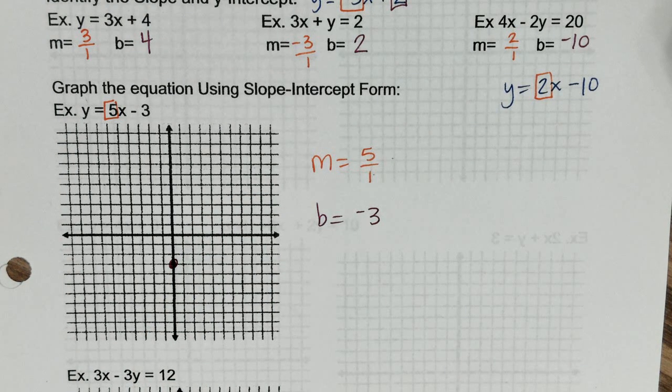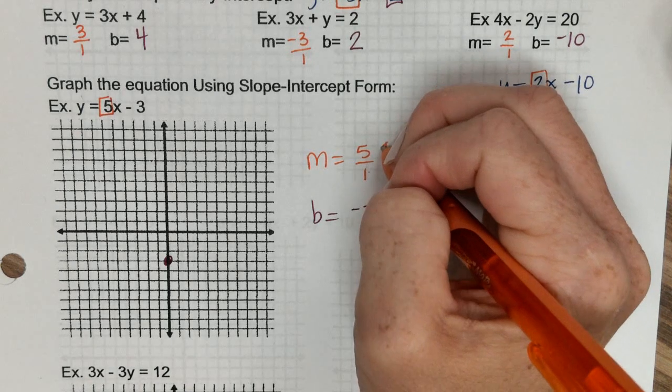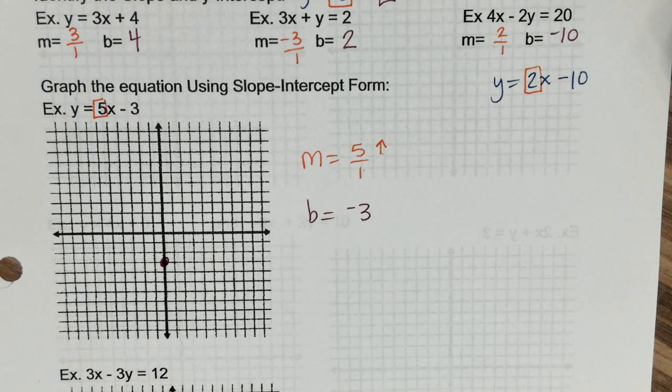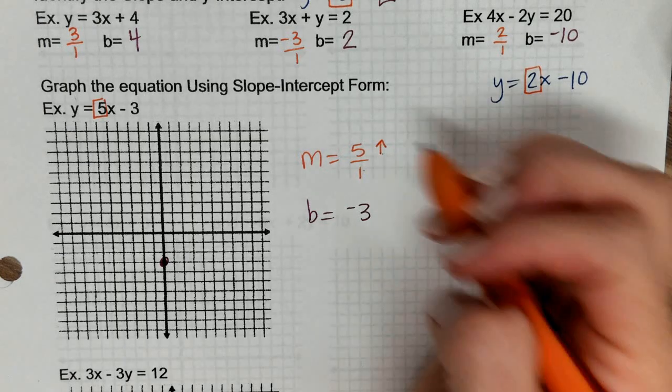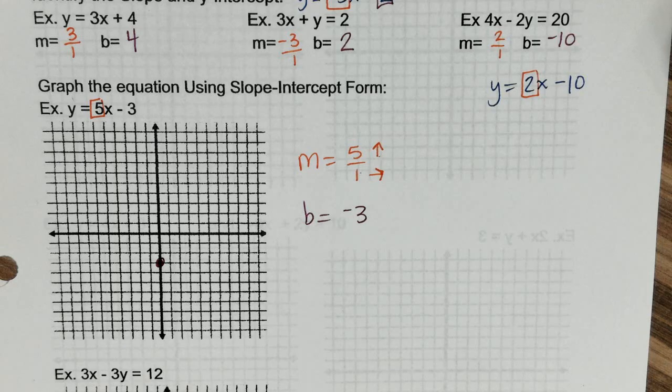From that point, we are going to rise and run our slope. Okay? So our slope is positive 5, so the rise is positive. Which way are we going to go? Up. So this is going to go up 5. And our run is also positive 1. Run goes left or right. Positive is right. So I'm going to go up 5, right 1.